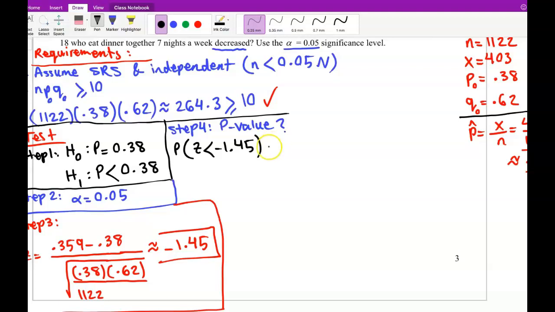Okay, I'm rounding it to 0.07. So what that means, here again, if I draw it, that is the area for the left tail.